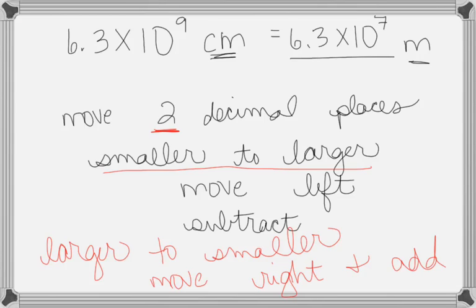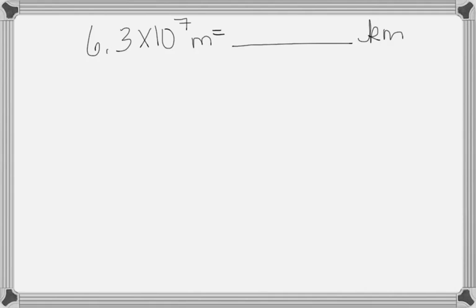Okay, so let's work another one. Let's take that 6.3 times 10 to the 7. Can I change slides? We good? And let's convert that to kilometers. I'm in meters, and I want to convert it to kilometers.